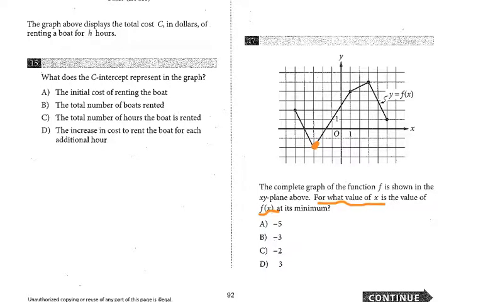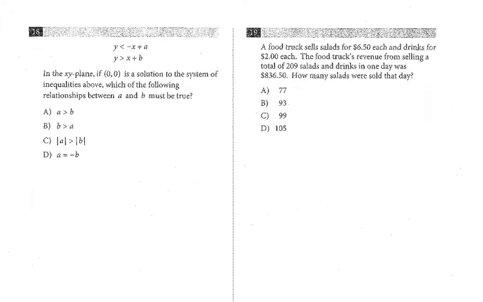Then we have -1, -2, -3. So -3 will be the answer. For number 18, if (0, 0) is a solution to the system of inequalities above, then first of all, you need to plug in x equals 0 and y equals 0.